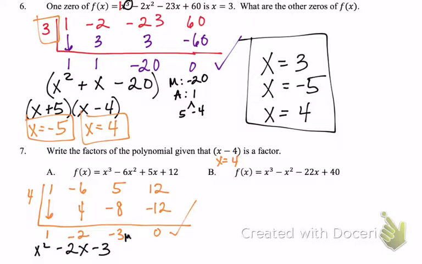I factor, so I need two numbers that multiply to get -3 and add to get -2. And so that gives me a -3 and a positive 1. So x minus 3, x plus 1. So x equals a positive 3 and x equals a -1. So my three answers would be x equals 3, -1, and x equals 4.